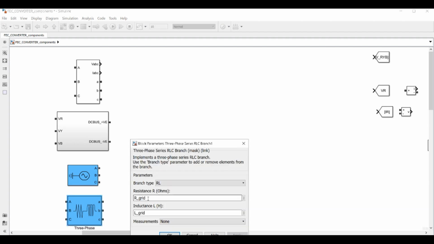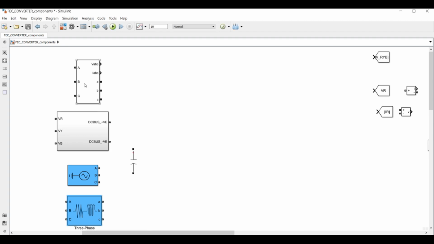I have put here R grid, which will be 5 milliohm, 0.005, and this will be 120 microhenry, 120 into 10 to the power -6.